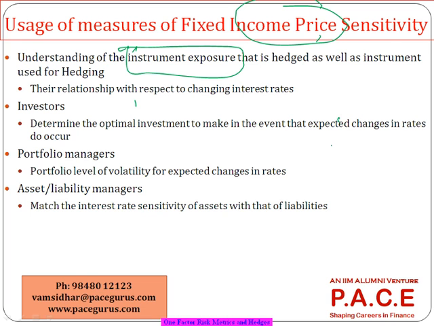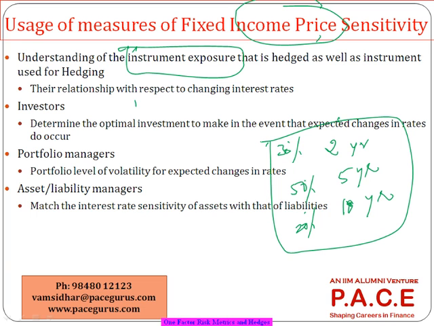Probably I have a portfolio of bonds. 30% of my money is invested in a 2-year maturity bond, 50% I have in 5-year maturity bonds, and the remaining 20% I have in a 10-year maturity bond. Let's say this is my overall portfolio.